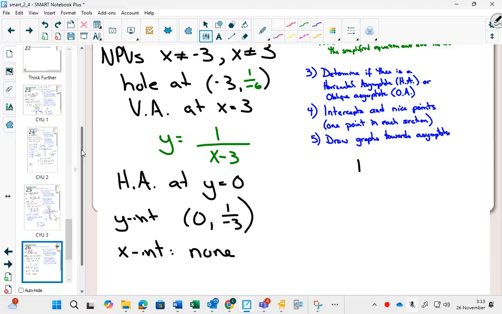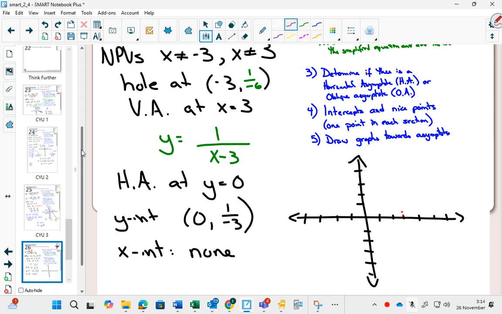So now, based on what we have so far, we have to put in a vertical asymptote at x equals 3. We have a horizontal asymptote at y equals 0.